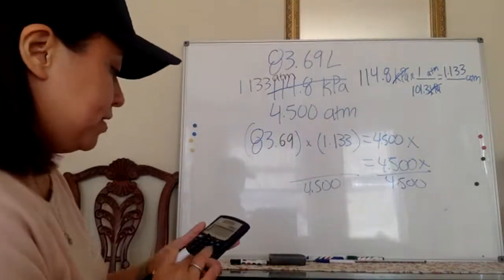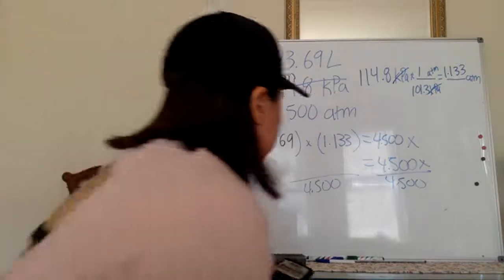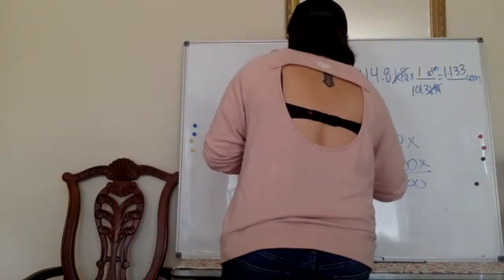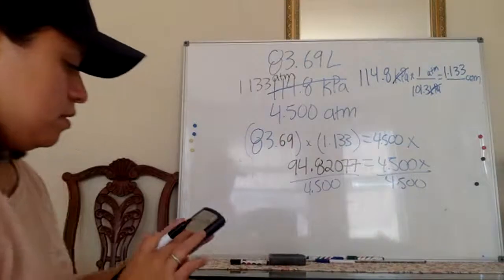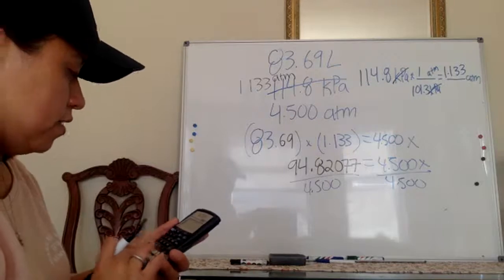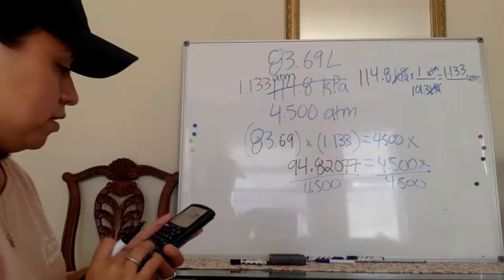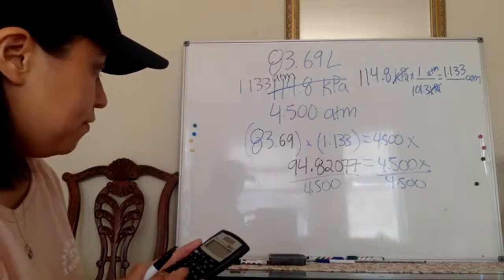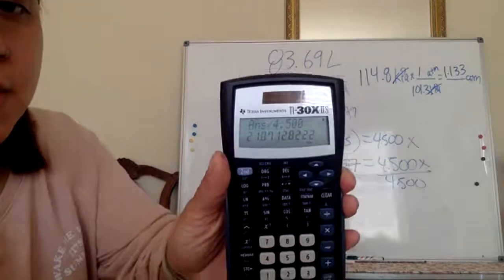So 83.69 times 1.133 is 94.82077. And you're going to divide that by 4.500, and you should get 21.07.